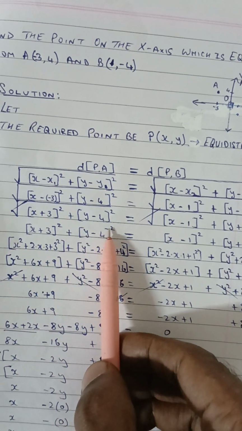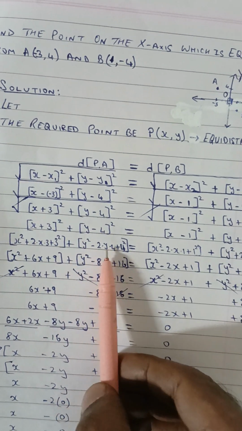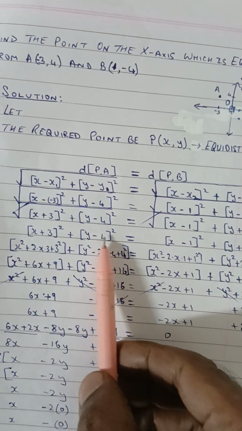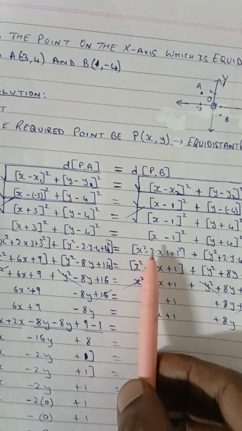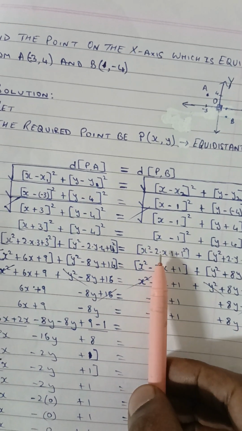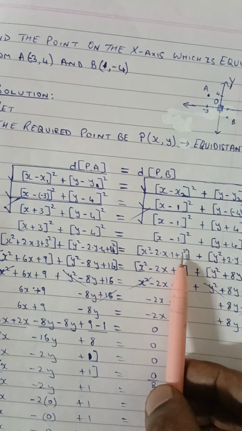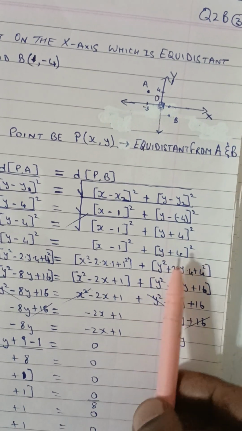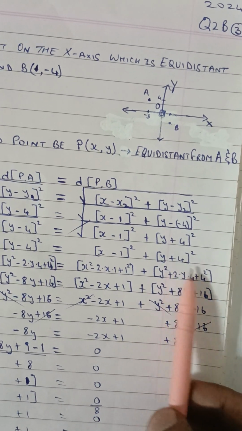Here a minus b the whole square formula, y square minus 2y into 4 plus 4 square. Here I'll get x square minus 2 into x into 1 plus 1 square, here I'll get y square plus 2 into y into 4 plus 4 square.